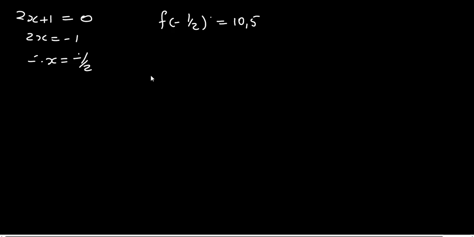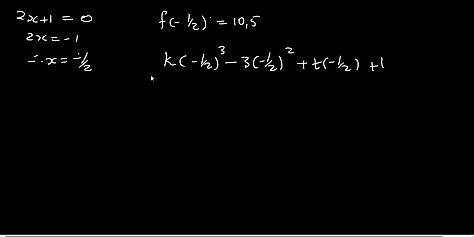So this will be k inside the bracket, (-1/2)^3 - 3 into (-1/2)^2 + t into (-1/2) + 6.